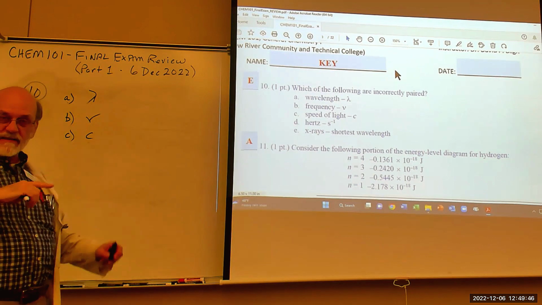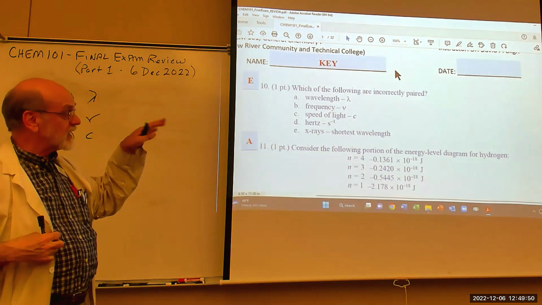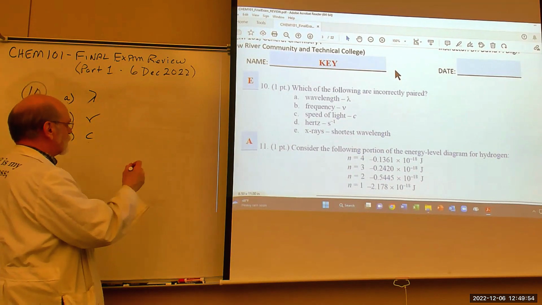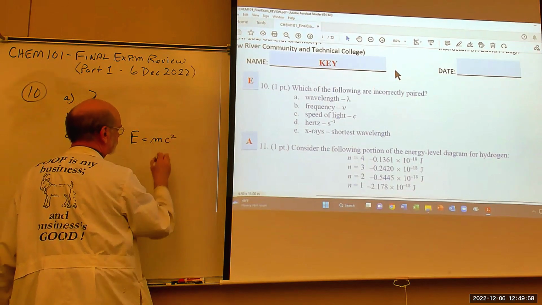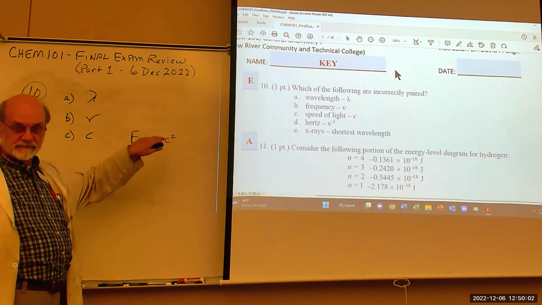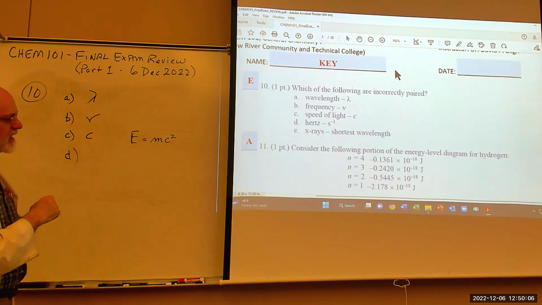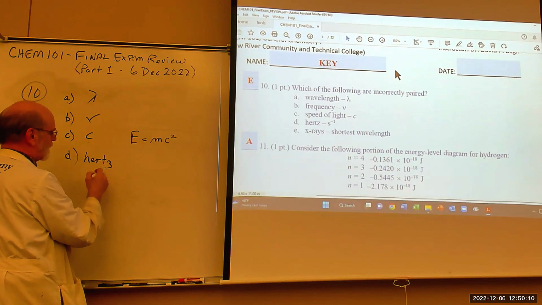The little c can mean many things, but in this context, c stands for the speed of light. For instance, Einstein's equation, that's the speed of light. How about D? Hertz.